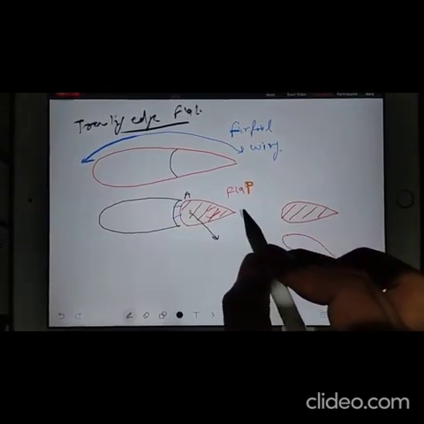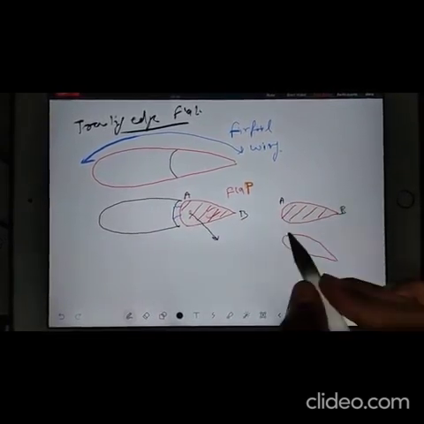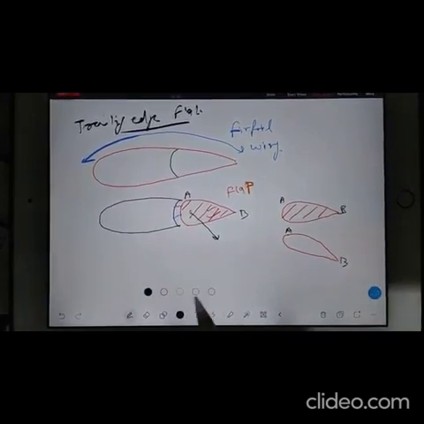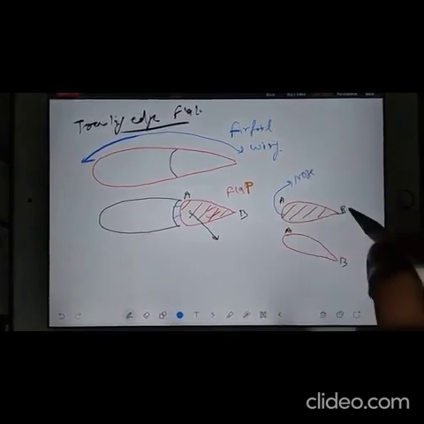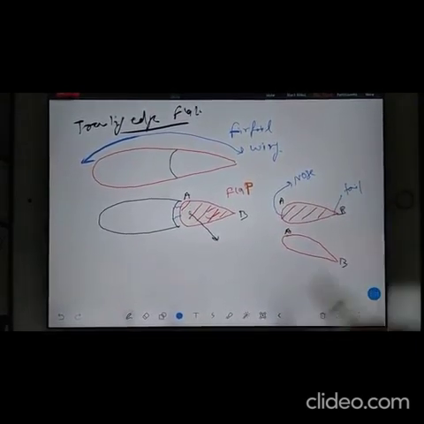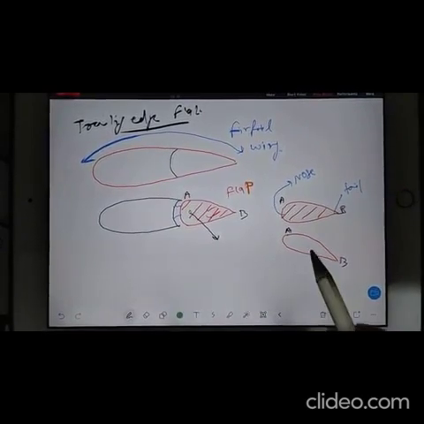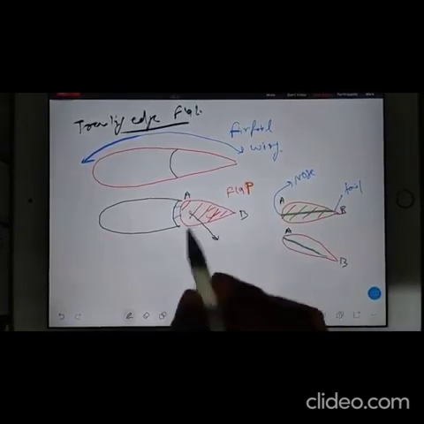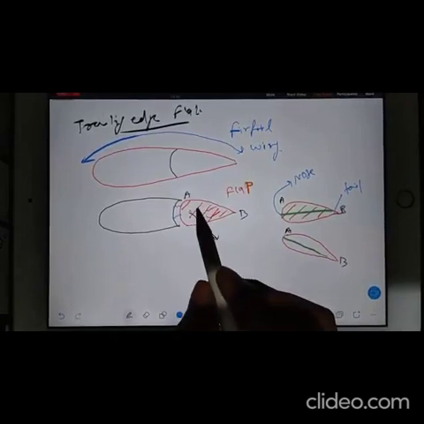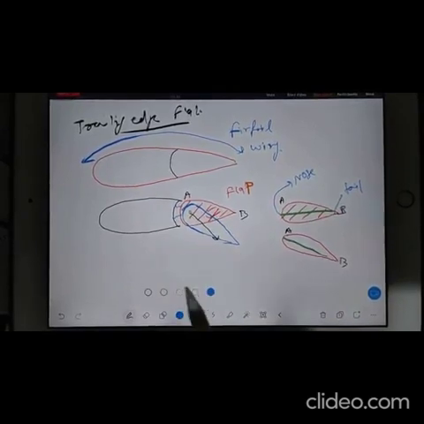Suppose this is A and this is B. In the flap itself, this portion is known as the nose, and this portion is known as the tail. So you can see, you are deflecting the flap like this. Earlier it was like this. I will draw this diagram here. I'm showing the deflection with the blue color.